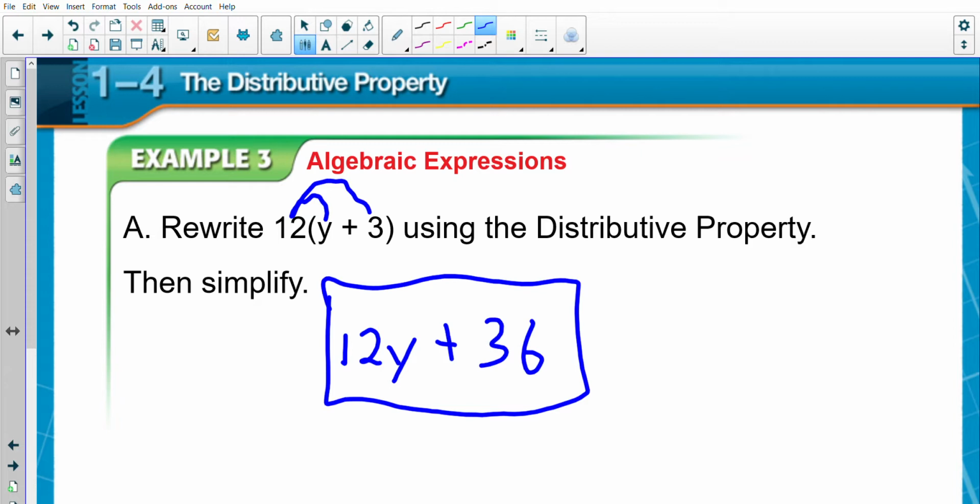I stress that because what I will often see is some people will do 12 times y, but they'll forget to do 12 times 3. This is a very common mistake that I am trying to put in the atmosphere now to make sure we don't make that same mistake. I've seen it cost some people points on a midterm. It's very sad. I don't want to see it happen to you guys.